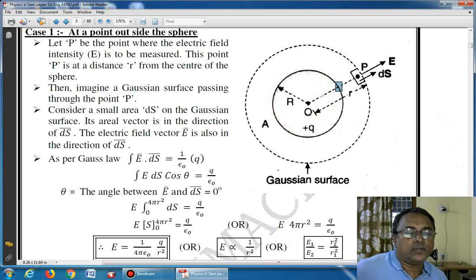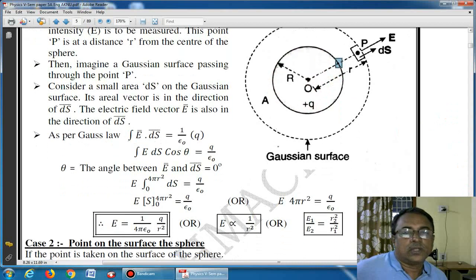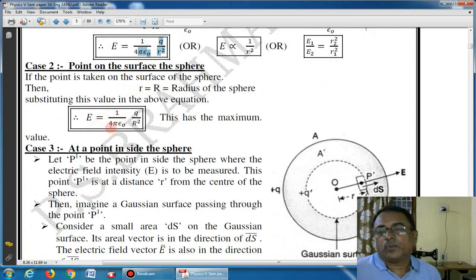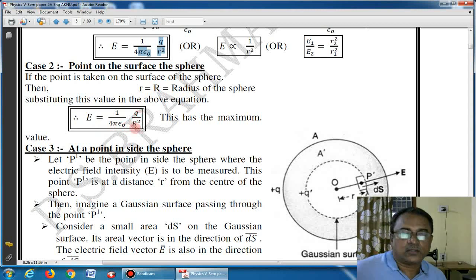Then if we substitute capital R instead of small r in this equation, then E is equal to 1 by 4 pi epsilon naught into Q by R square.